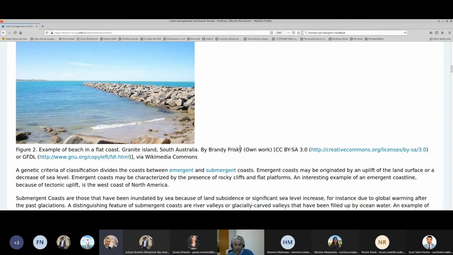And if we modify with human activities the wave regime, or the fluvial deposition, the result is that the shape of the coast changes in reaction to the modified equilibrium. And this is something that we have to carefully evaluate, because any change in the shape of the coast in a human impacted environment causes impacts on the socio-economic context.